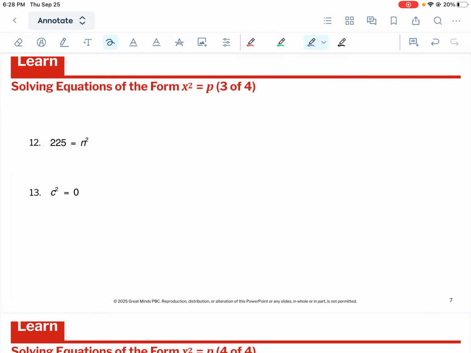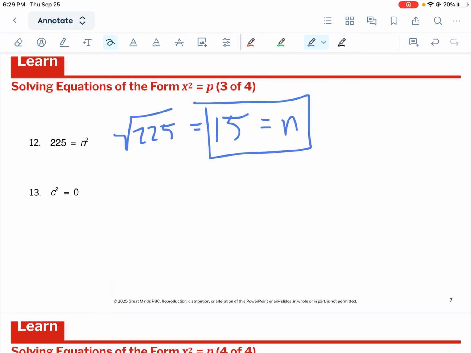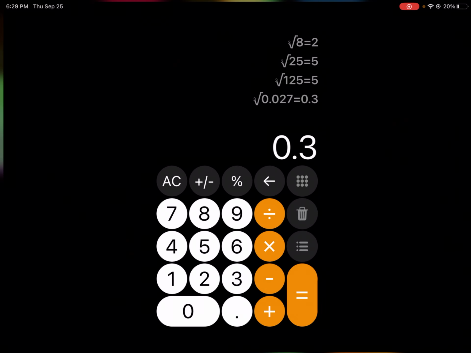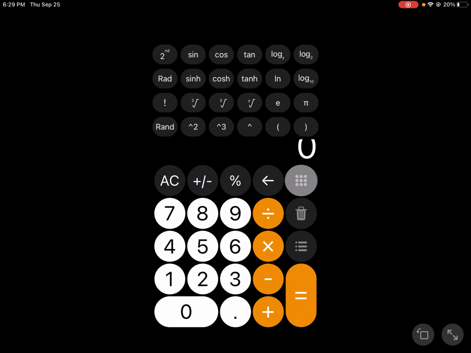Just because it's large doesn't mean anything. Now, I know that if I square root 225, it's 15. But that's just because I've been doing this longer. I know that 15 is our n value. But if you're ever skeptical or you just need some validation, just plug it into the calculator.